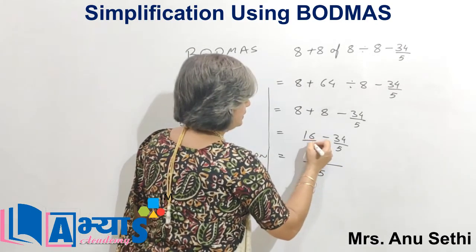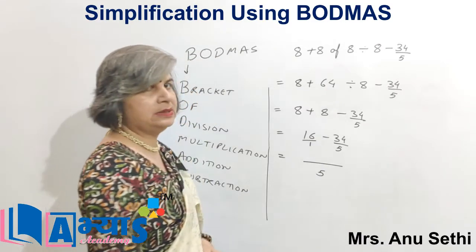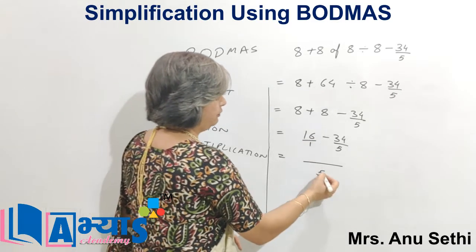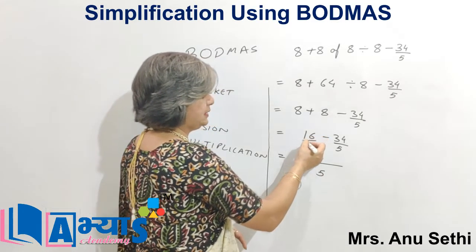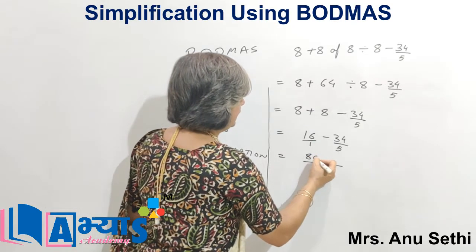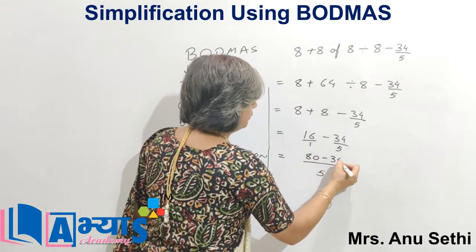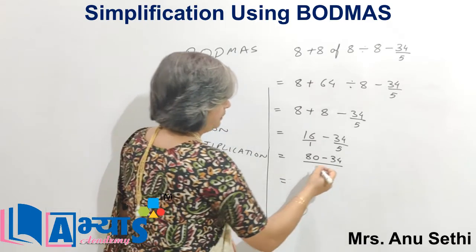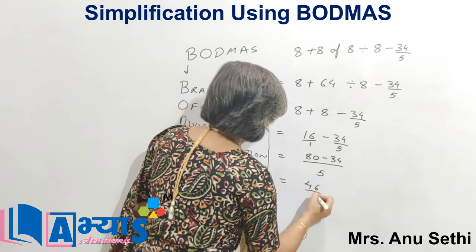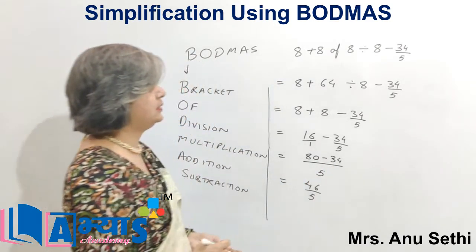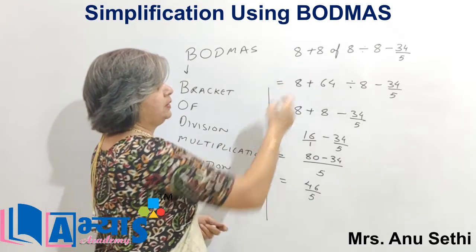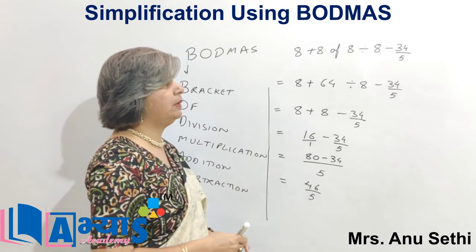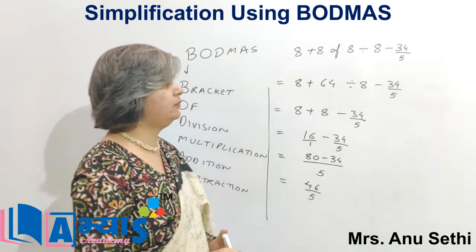We consider 16 upon 1 and take LCM as 5. So 1 into 5 means 5. We multiply 16 with 5 and get 80 minus 34, so it will further be 46 upon 5. So this is the answer for the expression 8 plus 8 of 8 divided by 8 minus 34 by 5.